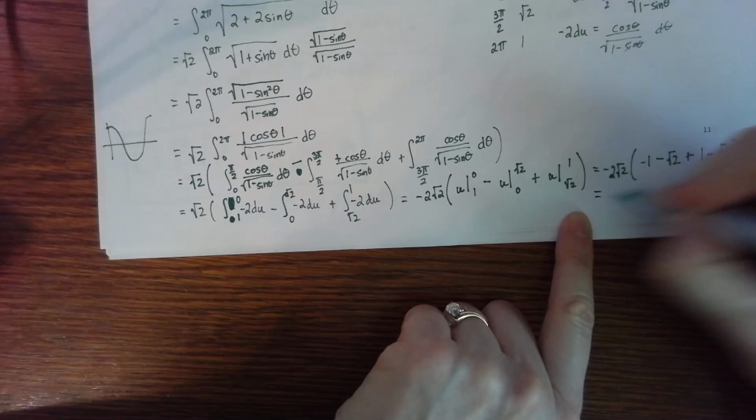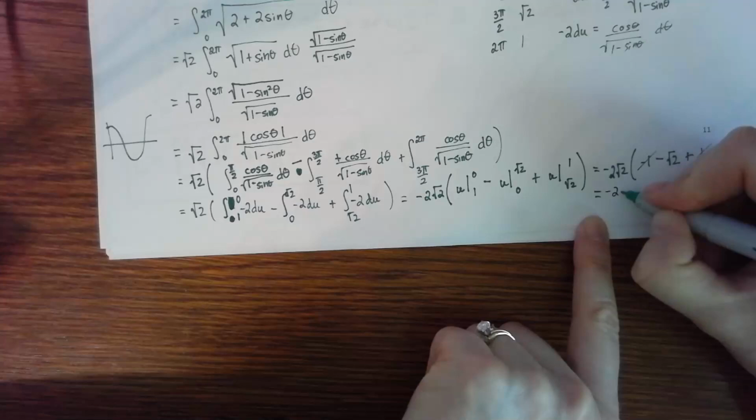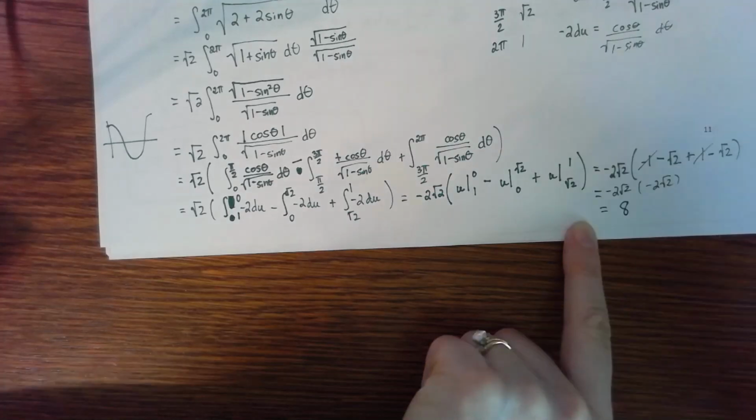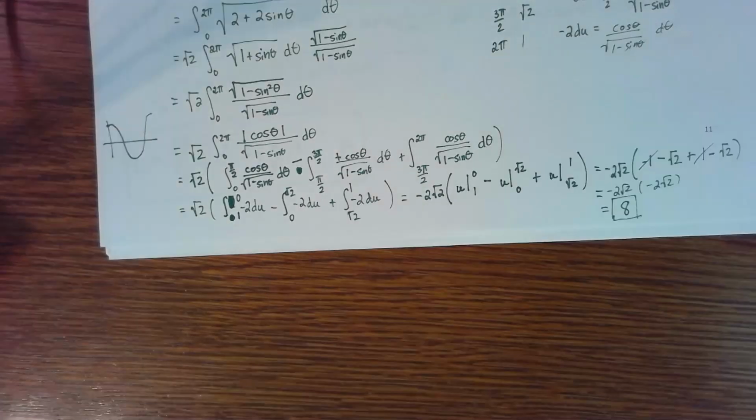Okay, and so -1 plus 1 is 0, those go away. This will give me -2 square root of 2 times -2 square root of 2, which is 8. So the arc length of the cardioid is 8.